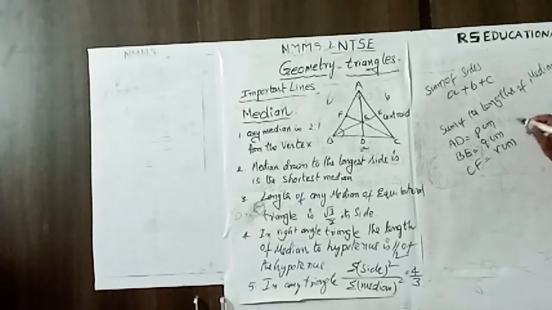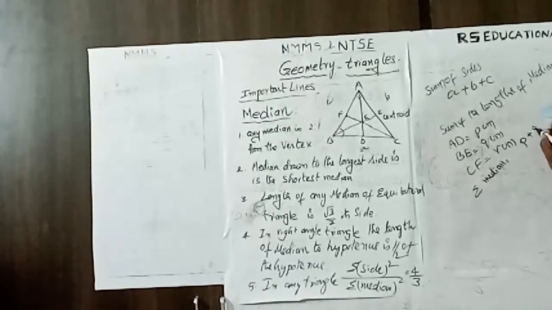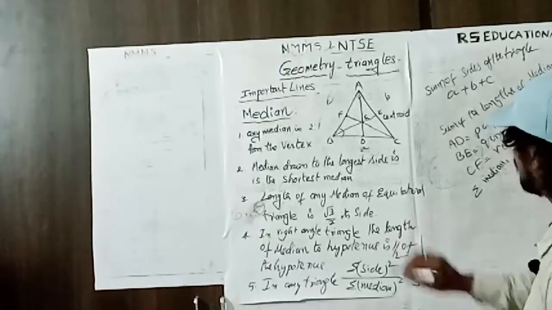Now the sum of the medians is P plus Q plus R, and the sum of the sides of the triangle is A plus B plus C. What is the relation in any triangle?